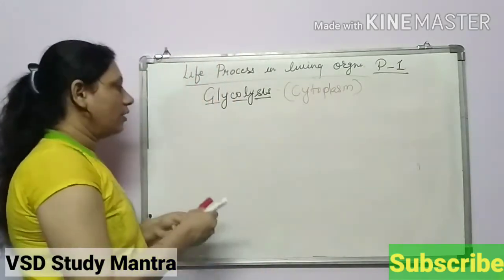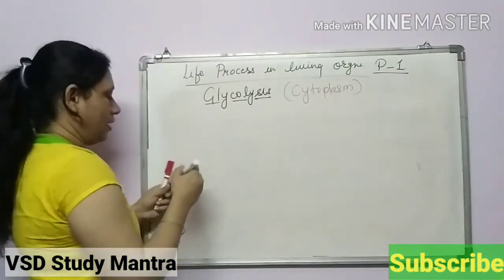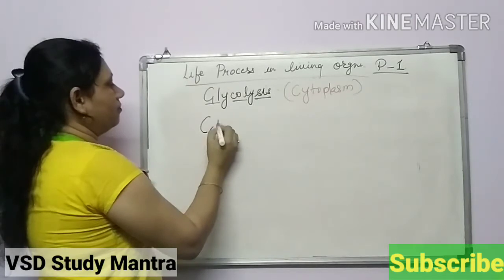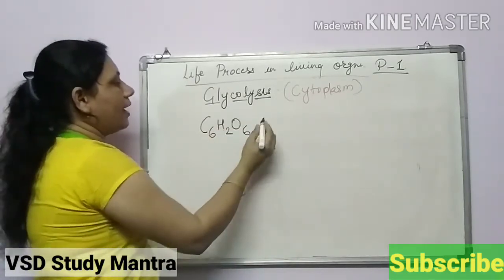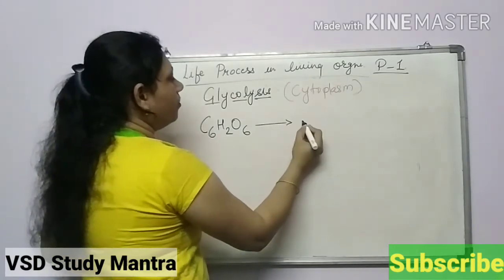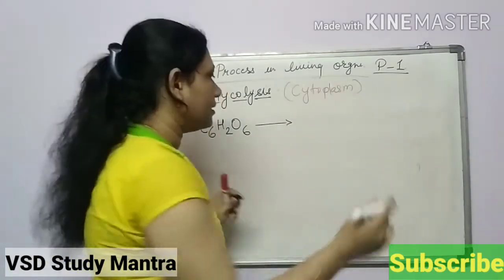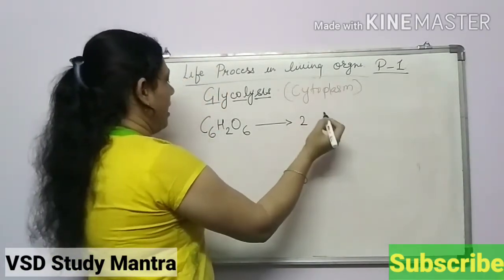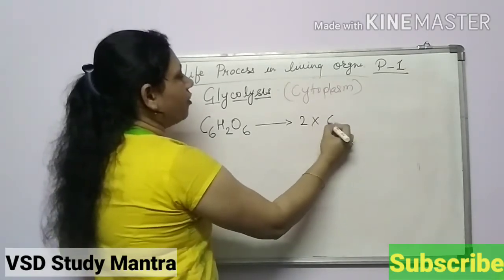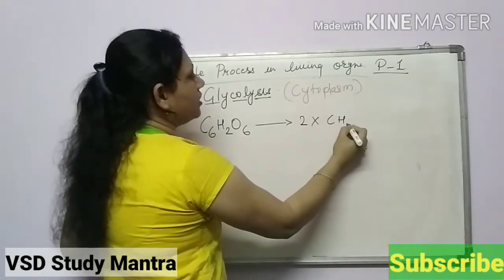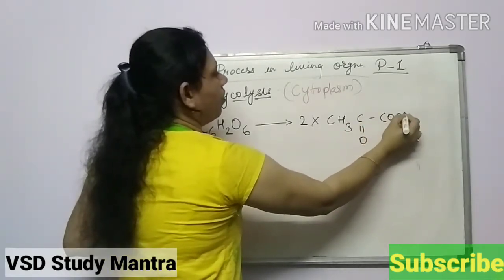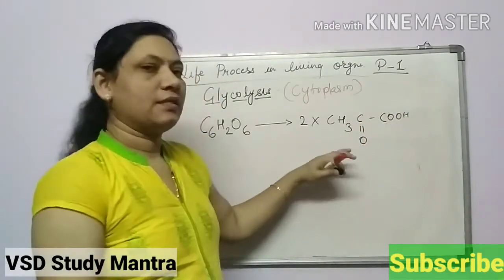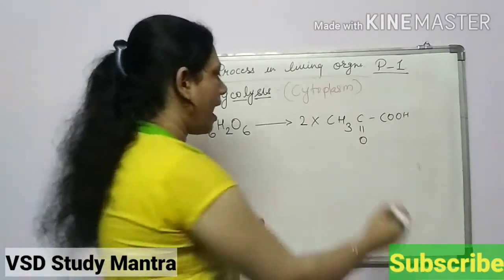So here glucose is converted into pyruvic acid. The pyruvic acid formula is CH3COOH.